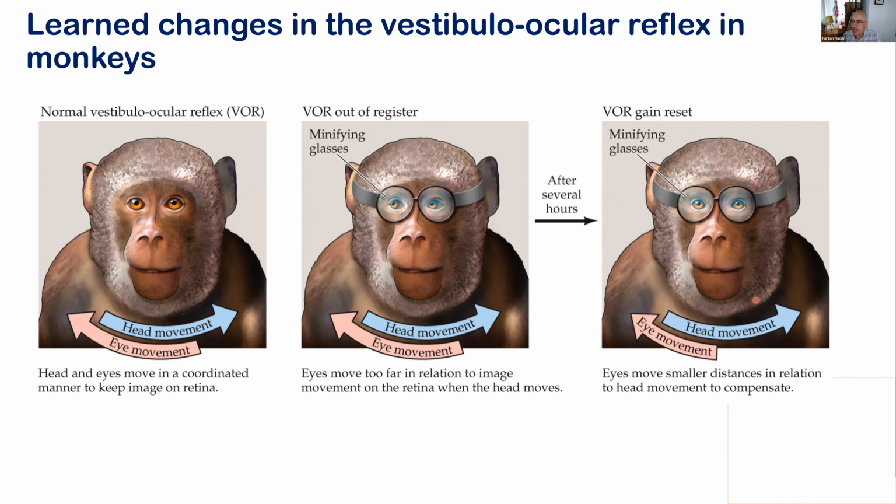And guess what happens now if the animal's glasses are removed? Well, if the glasses are removed, then the animal compensates in the opposite direction by not moving the eyes enough, because it's learned to overcompensate with respect to the normal movements.